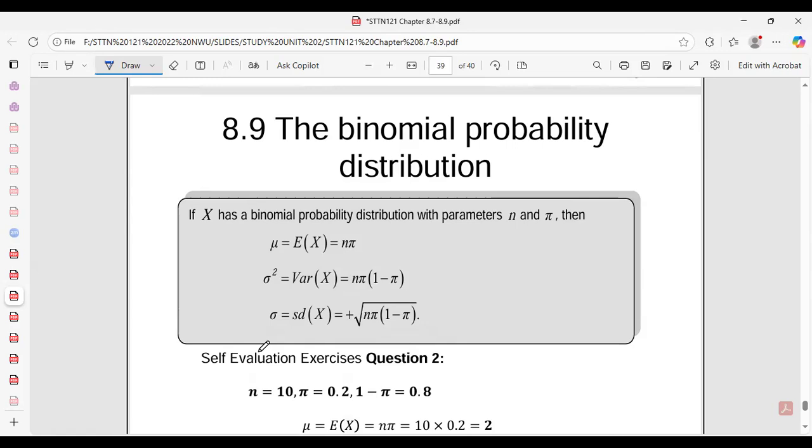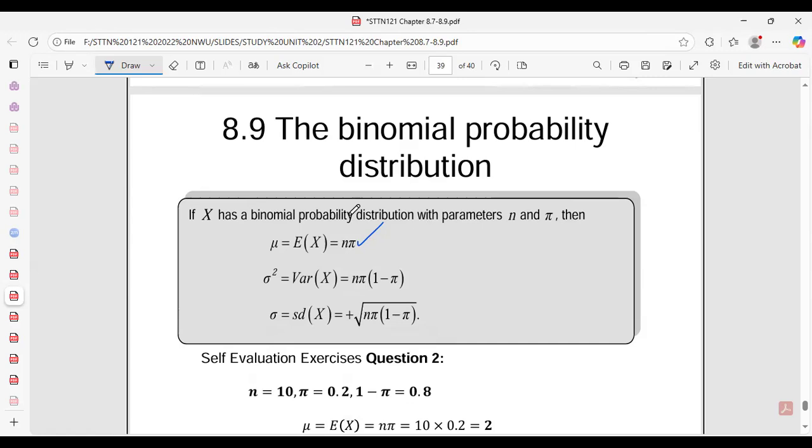But now here, we have other formulas. We have another formula for expected value, which is n multiplied by pi. They will give you n, they will give you pi. Then they tell you to calculate the expected value of the binomial probability distribution.